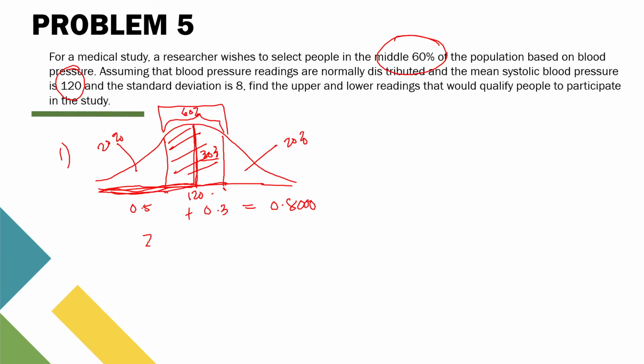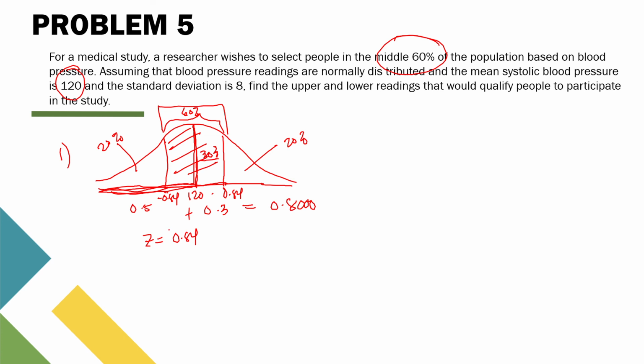If this is 0.84 and this is negative 0.84, since we need to get the upper and the lower readings to qualify to participate in the study.